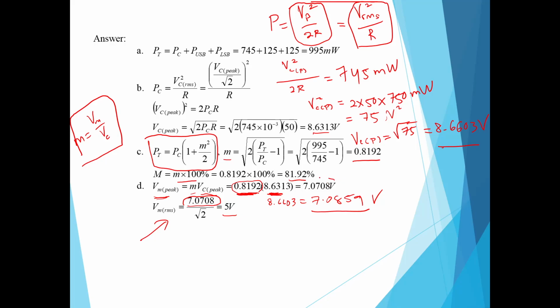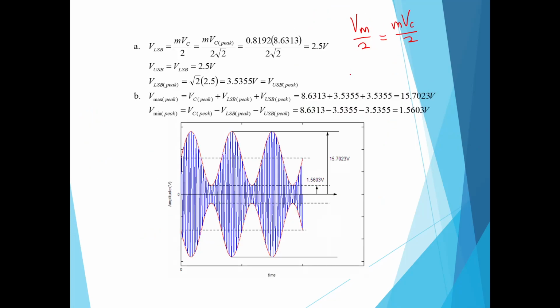Let's say I take the value given here from this example, Vm peak. 0.0708 divided by 2.